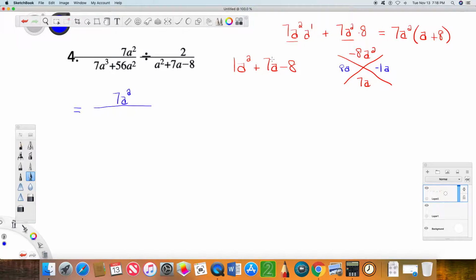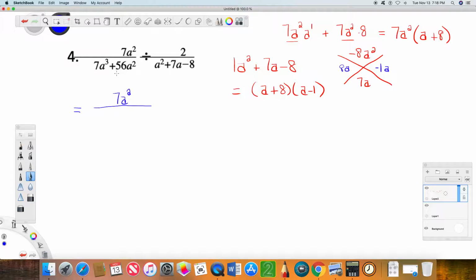But we have a shortcut. When the leading coefficient is 1, we can just use the 8 and negative 1 and say that we have a plus 8 times a minus 1.